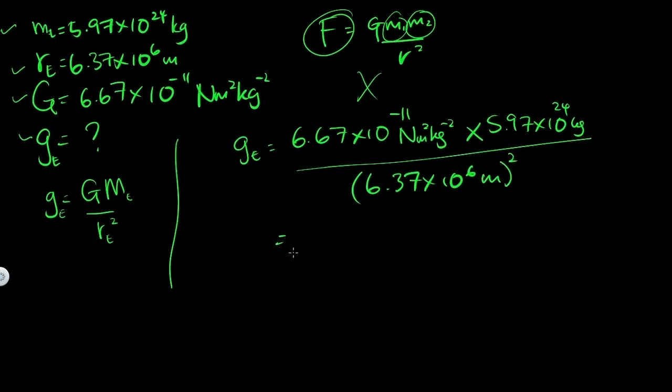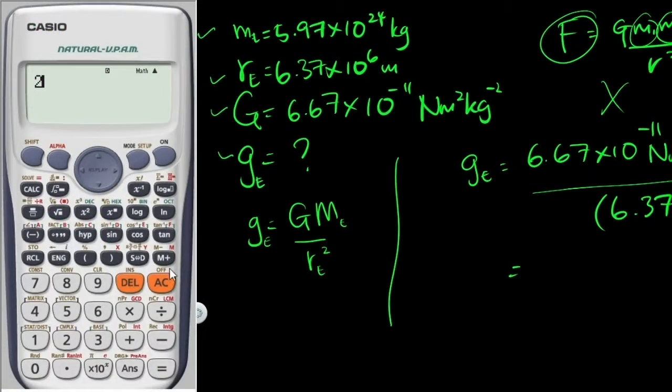By using your calculator, let's take out our calculator. 6.67 times 10 to the power of minus 11, times 5.97 times 10 to the power of 24, and then divide by the square.